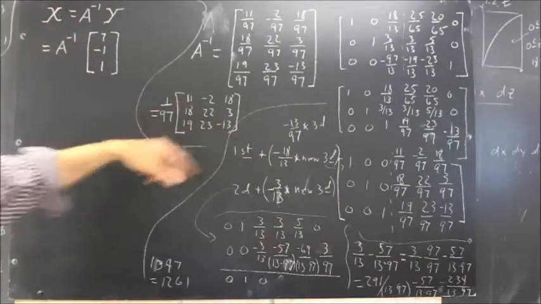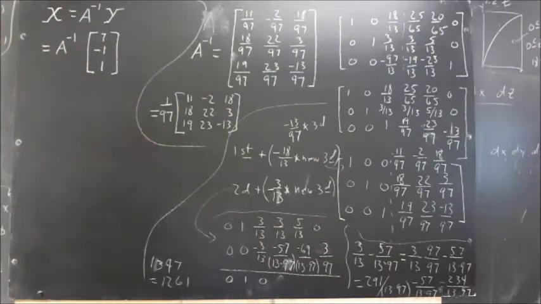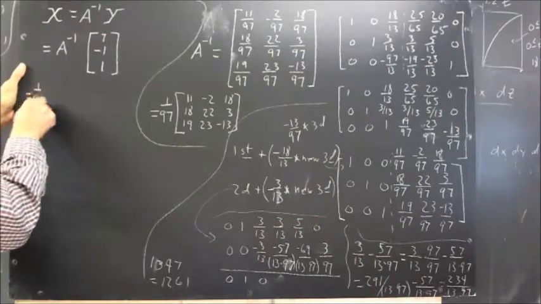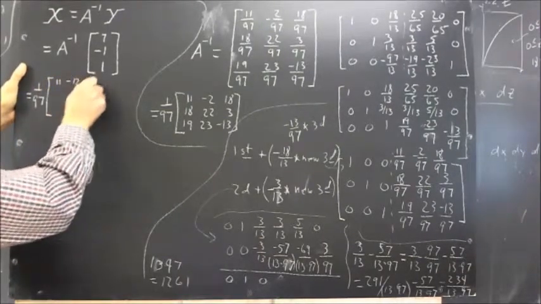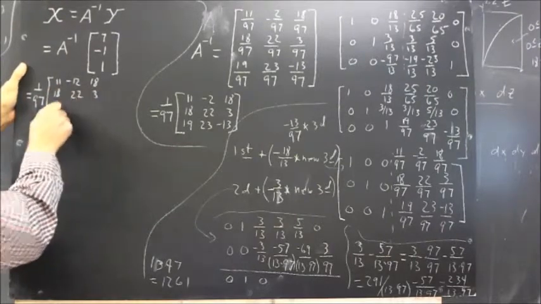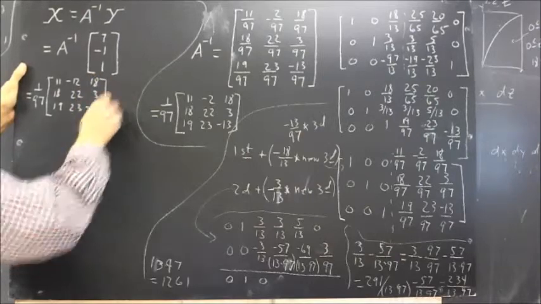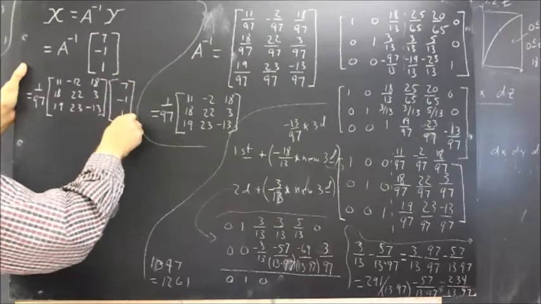We're going to use this form, which means we'll be able to multiply this matrix by the vector and then divide the results by 97. So let's do that. That's going to be 1/97 times the matrix 11, -12, 18, 18, 22, 3, 19, 23, -13, multiplied by 7, -1, 1.